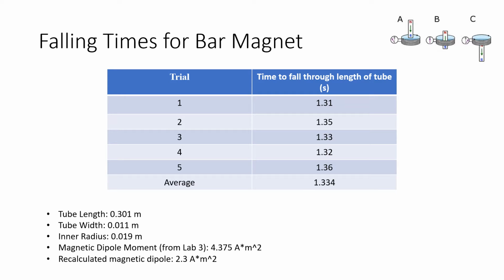The magnetic dipole moment from lab 3 is 4.375 amperes times meters squared. However, as we found out later, this is much too high. It differed in the computational model for falling times by more than twice the average time for falling for observations, so I clearly had to lower it by more than half.